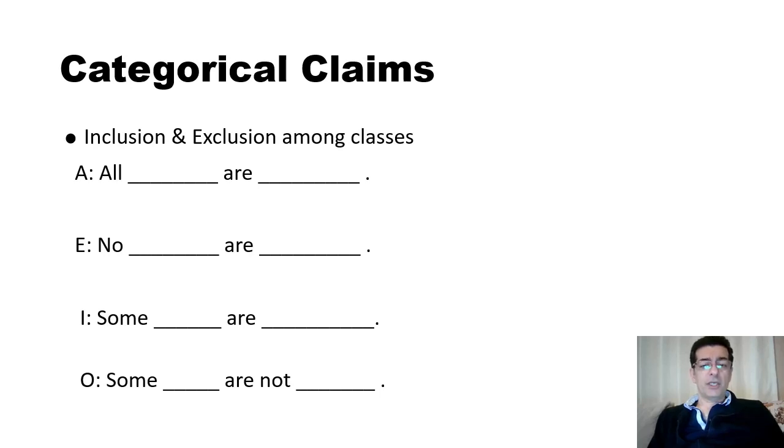Remember that we fill the first blank and the second blank with nouns or noun phrases. It's okay to fill the second blank with adjectives, but for some of the operations that we'll see and need later and translations, I strongly recommend that you use nouns or noun phrases for the two blanks. Sorry, don't use pronouns, okay?